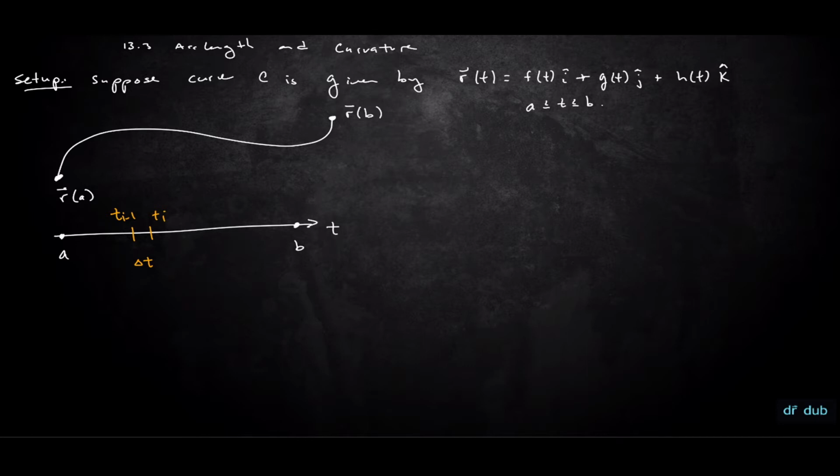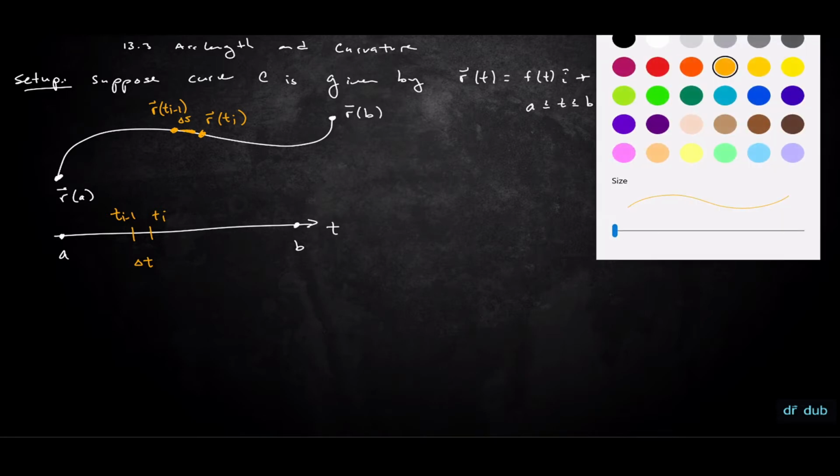Well, if we look at the curve corresponding to those two points, we get r of t i minus 1 and r of t i. And we get a differential amount of arc length, call it delta s, between those two points. So we get a little bitty bit of arc length between those two points.